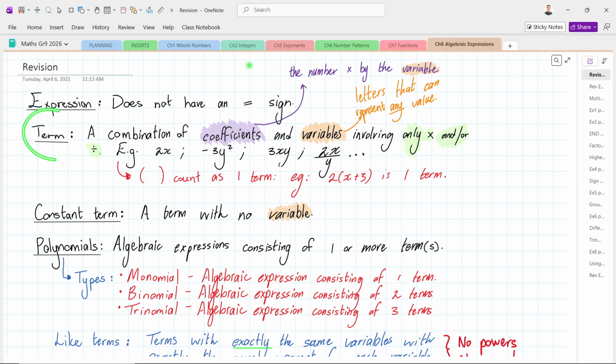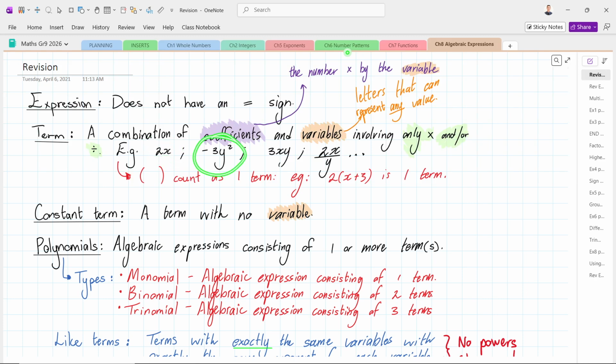Then we're going to refer to terms quite often. So what is a term? A term is a combination of coefficients and variables. A coefficient is the number that you find in front of a variable, and a variable is just a letter that can represent any value, and it only involves multiplication and or division. No pluses or minuses. So in this case here, 2x, 2 is the coefficient, x is the variable.